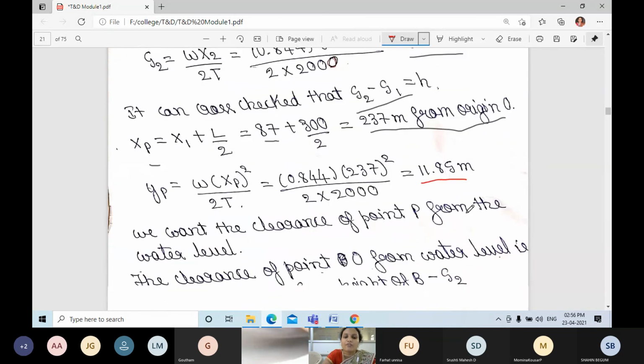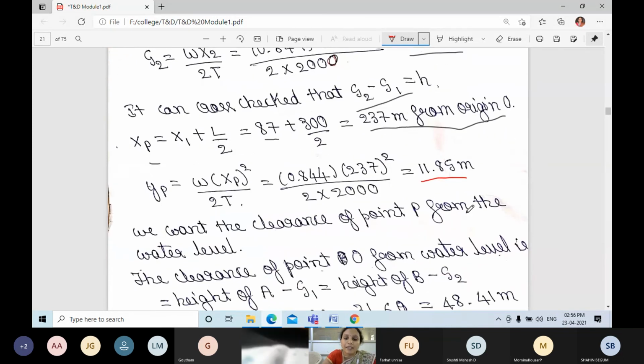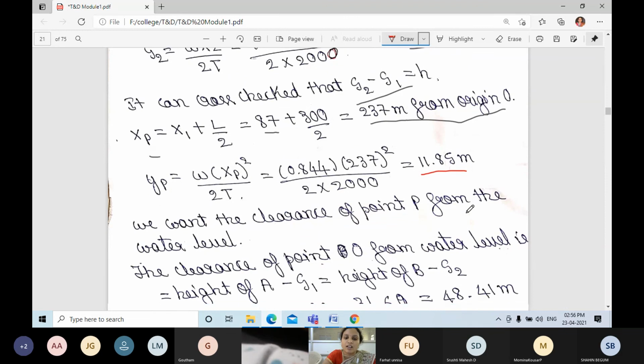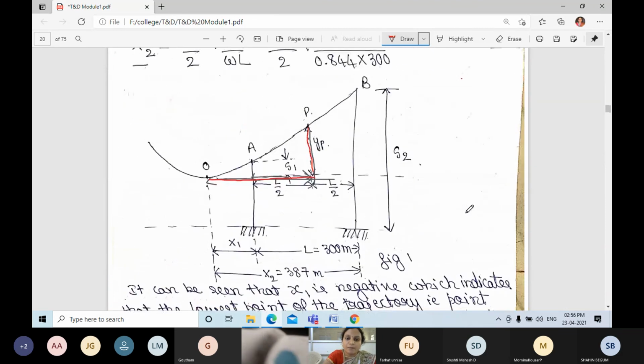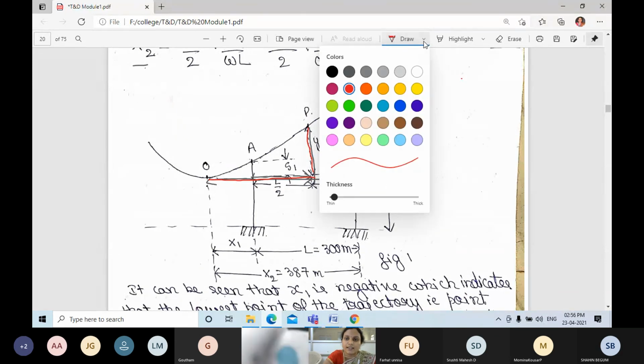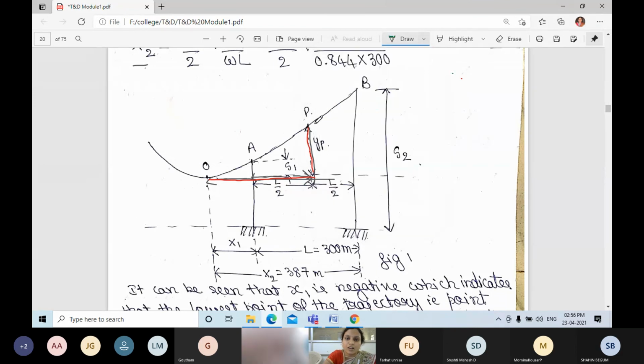Now we want the clearance of point P from the water level. That means from here to here.